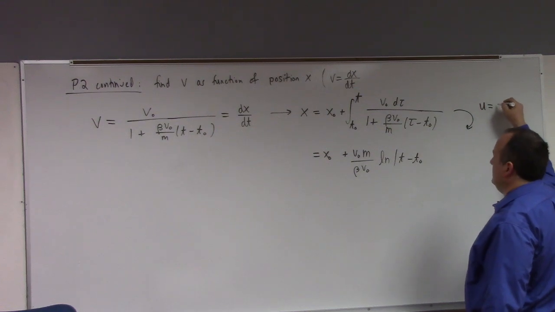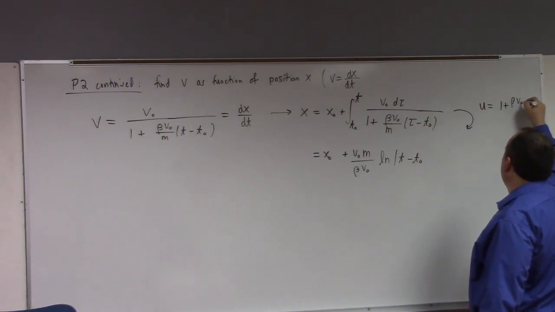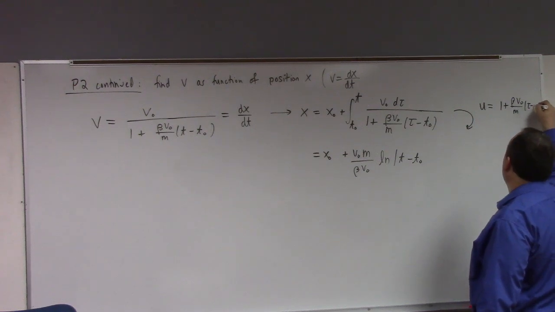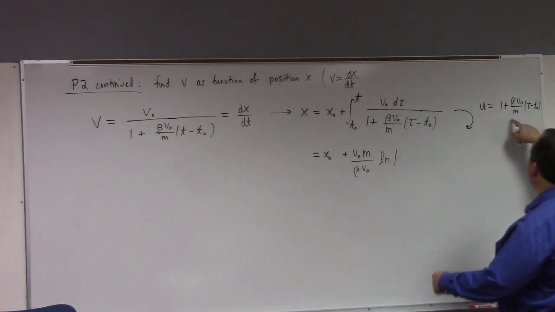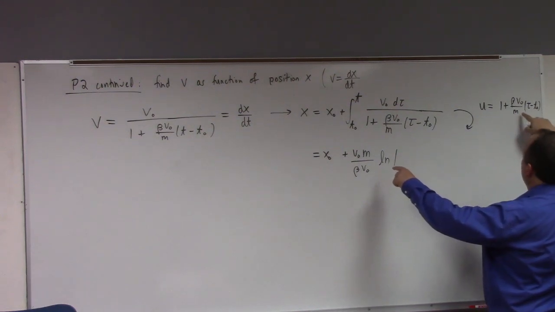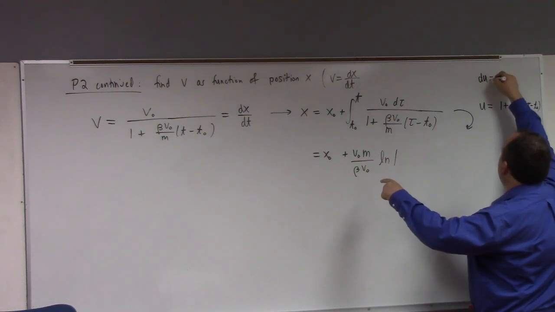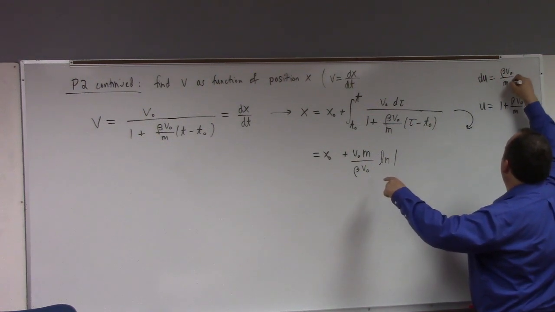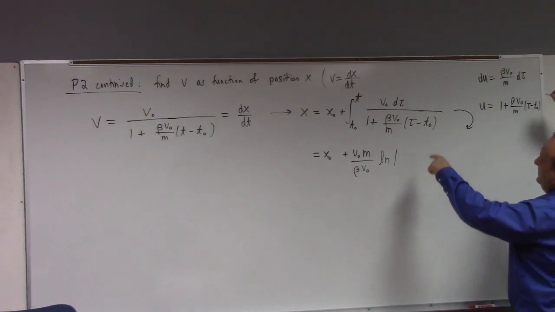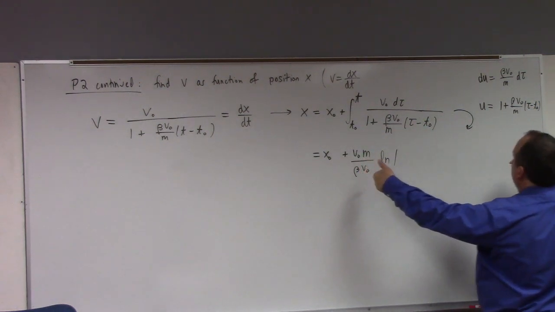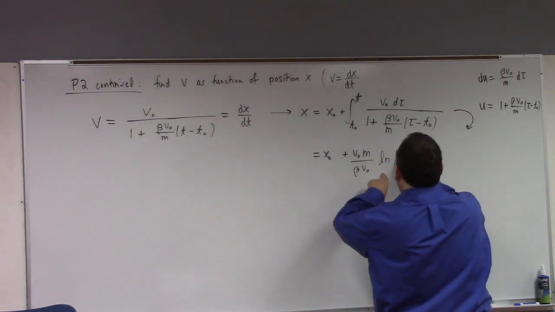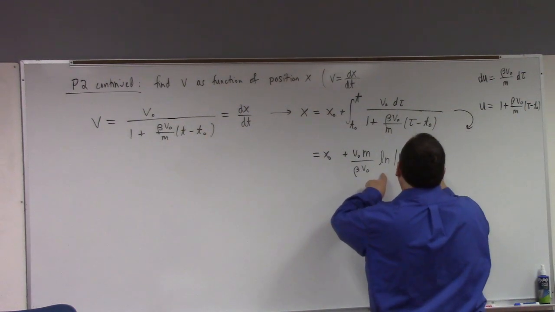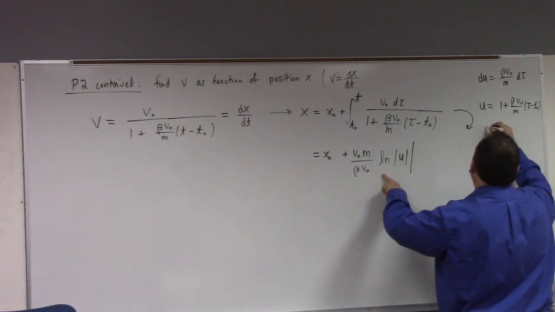I need to make a u equals 1 plus beta v naught over m times tau minus t naught substitution, you see? And so my du is beta v naught over m d tau. So when I solve for d tau, it gives me an m over v naught beta, all right? But I'm supposed to have the natural log of the absolute value of u for my antiderivative, which gives me, I'll write down a step here, evaluated from, let's see here, what's u of t naught?